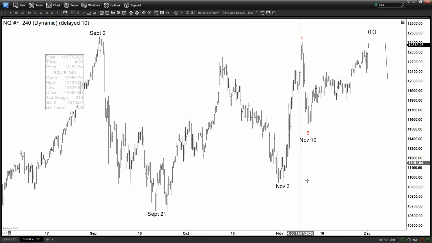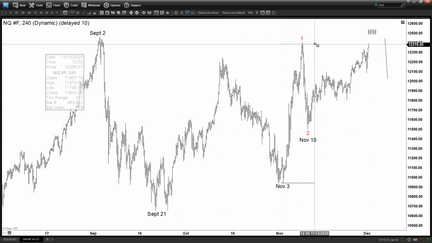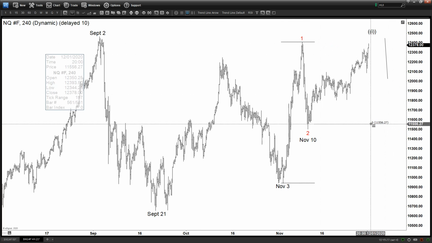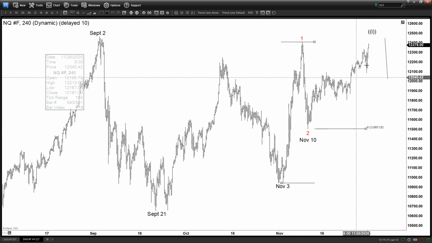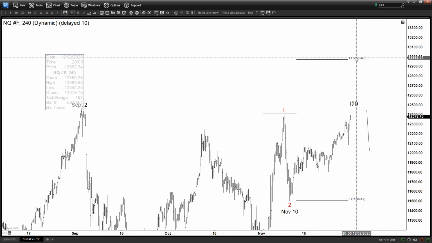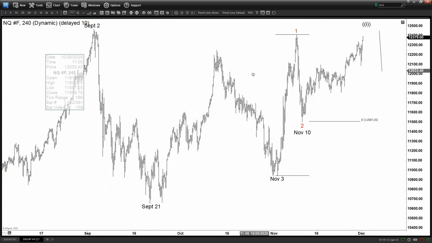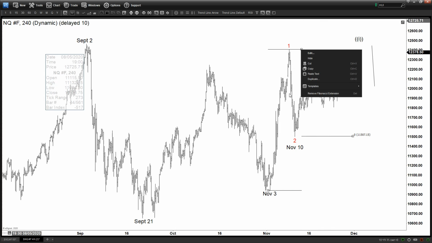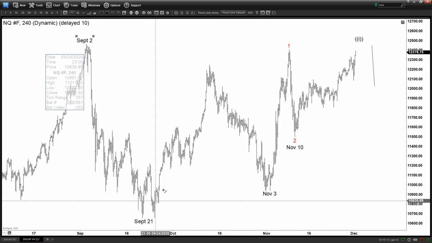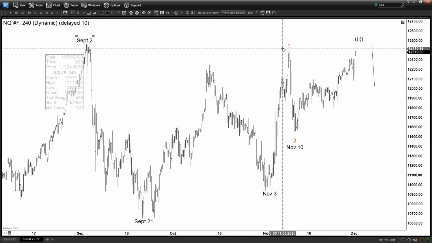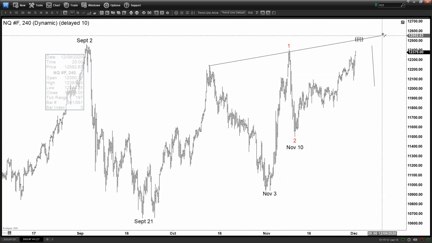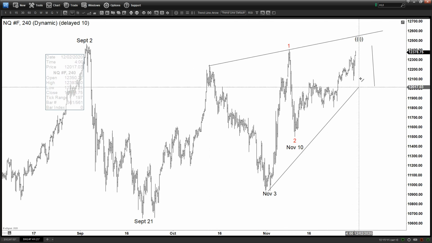So if you want to call it 1, 2, 3, 4, 5, then this has to be longer than this. Now we have not reached the equal leg yet, so another possibility is we are actually ending a 5 waves as a diagonal here. 1, 2, 3, 4, 5, and then you draw it like this, a diagonal like this.